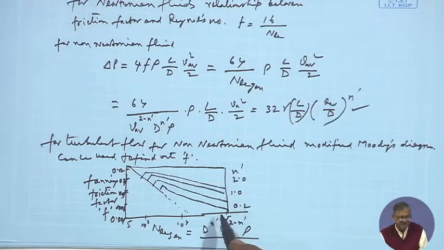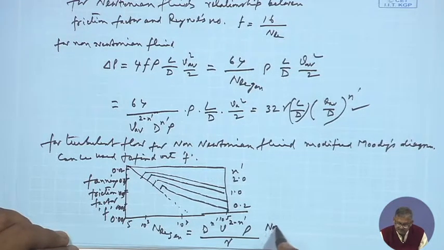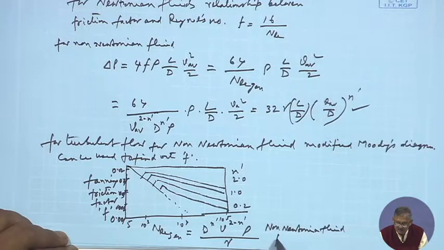So, from this generalized Reynolds number versus friction factor for non-Newtonian fluid, this is the modified Moody's diagram, right.